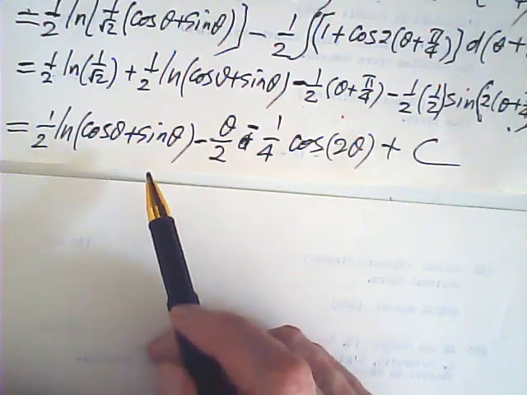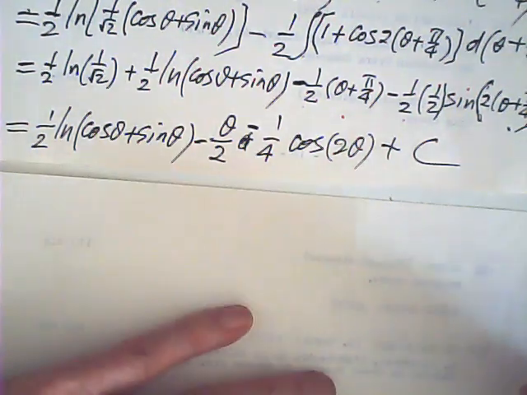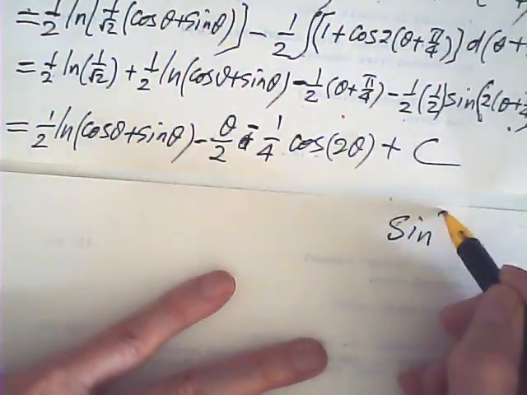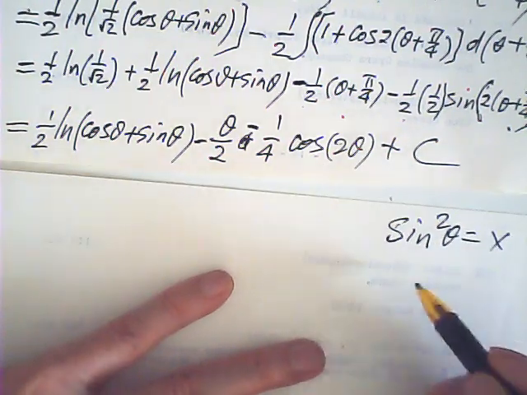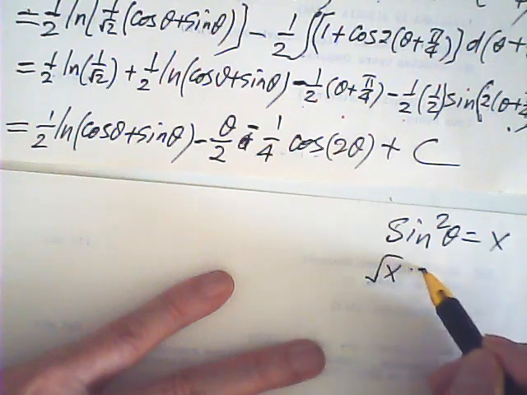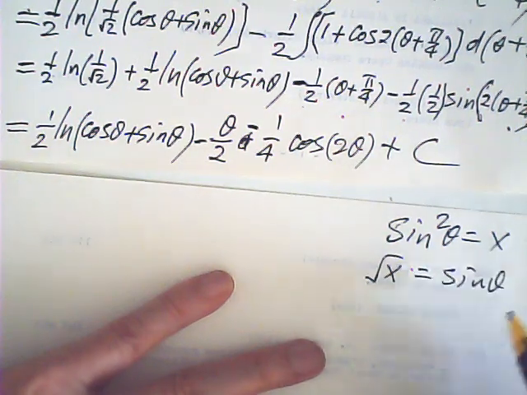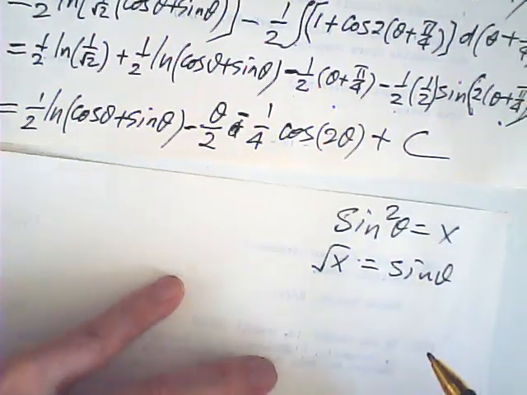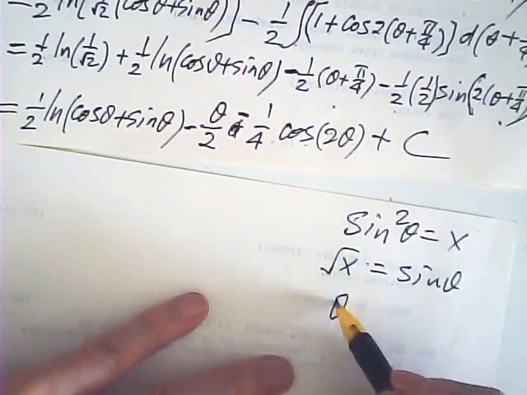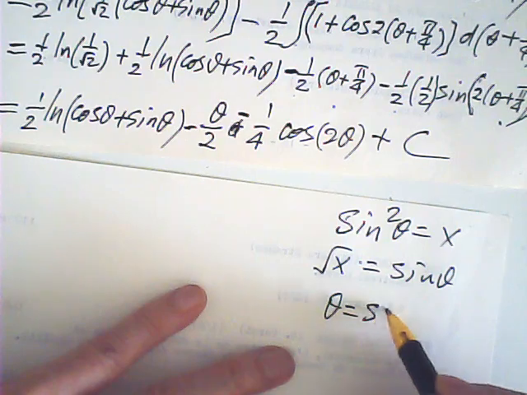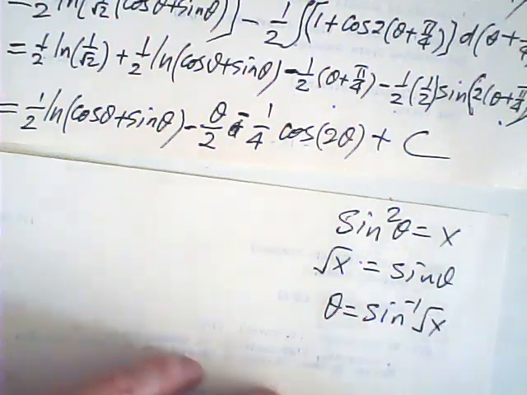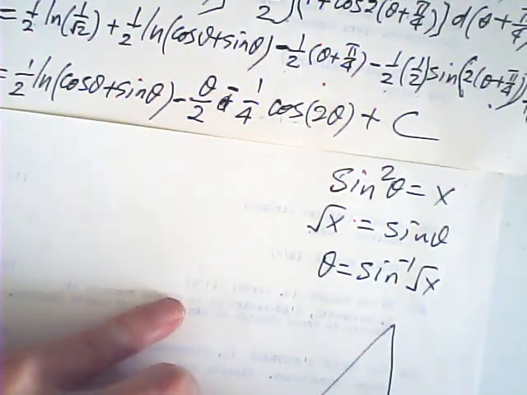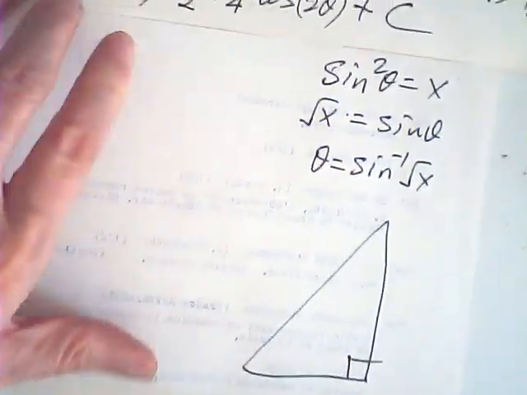Then I have to convert back to x, right? So sine square theta is equal to x, right? So x equal to sine theta, right? So theta is equal to arc sine root x. Also that we can convert by using triangles.